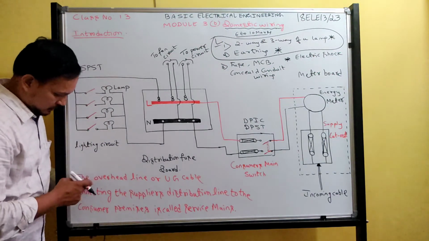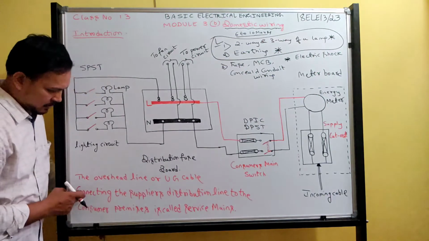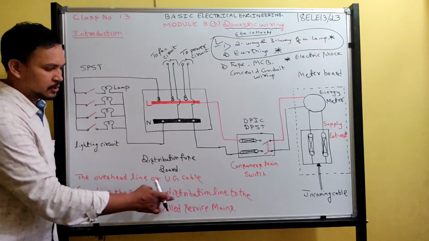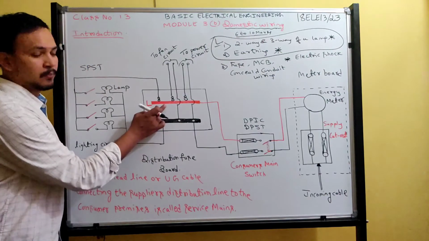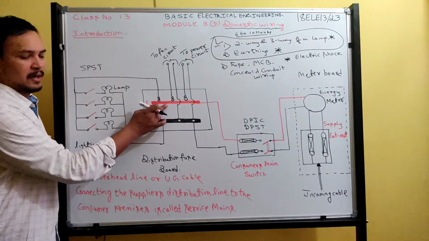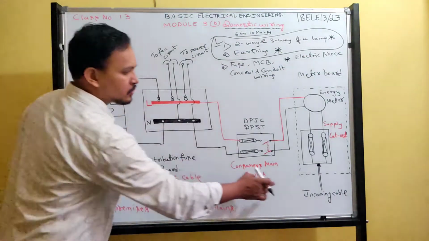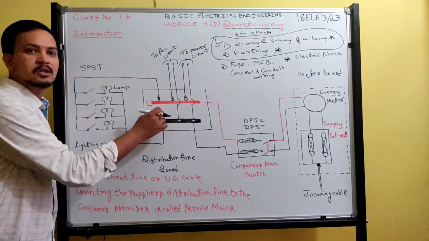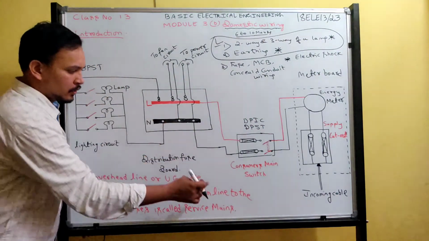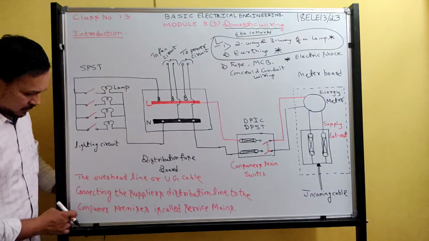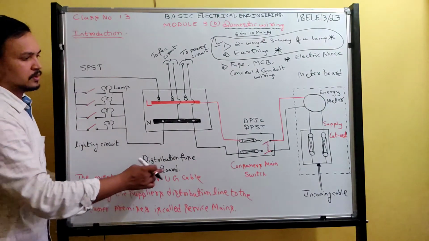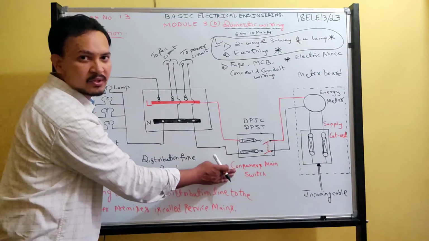Okay. The overhead line or underground cable connecting the supplier's distribution line. This is the supplier distribution line. I need to provide supply to this. So this overhead line connects the distribution line to the consumer premises. So this is the consumer main switch.